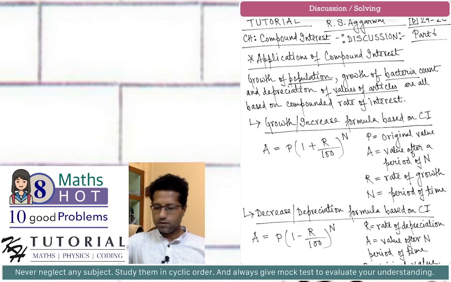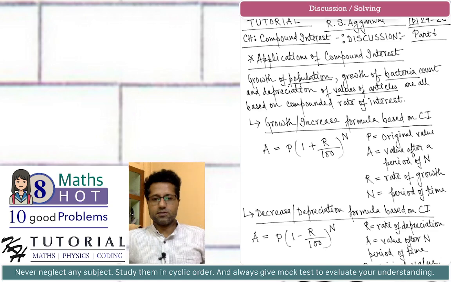I will also cover that in one video, but exercise 11B has a lot of questions. There are 30 questions, so probably I will take 3 videos to solve all the 30 problems of exercise 11B. So please stay tuned for all the upcoming videos where I will do a lot of solving problems on the chapter of compound interest.